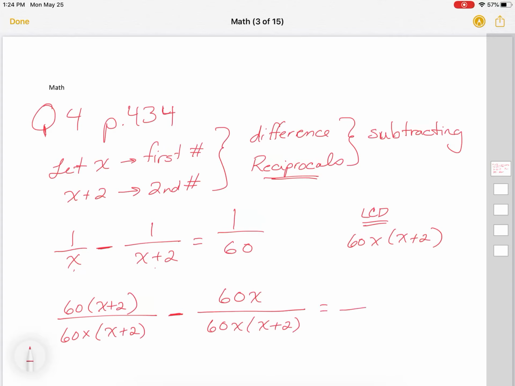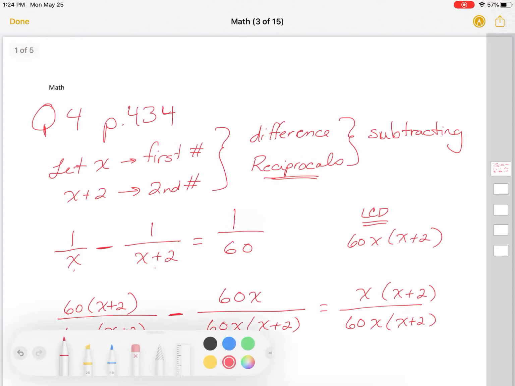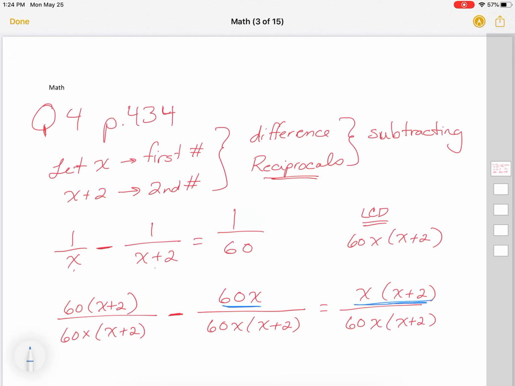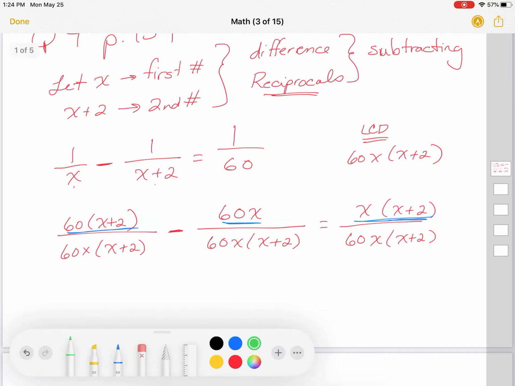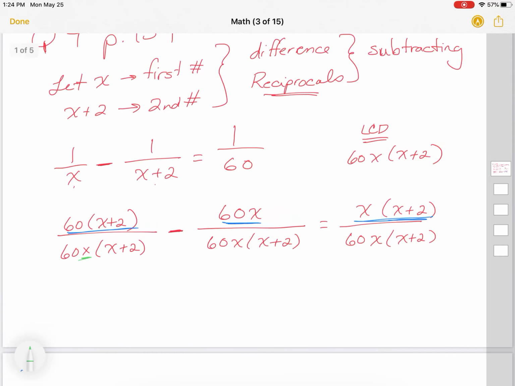So that's what I multiplied the top and the bottom by. Okay. And then on this side, I have the 60, so I multiplied by x times x plus 2. So that's what was missing there. So it's just multiplying it by what was missing in the denominator originally. Because originally, if we look at our denominators, I have the x here, I have the x plus 2 here, and I have the 60 there.